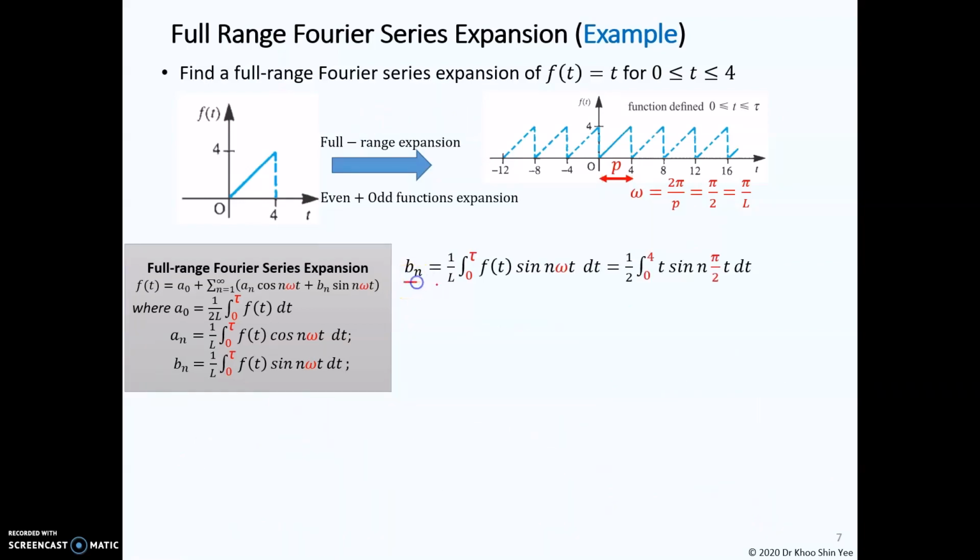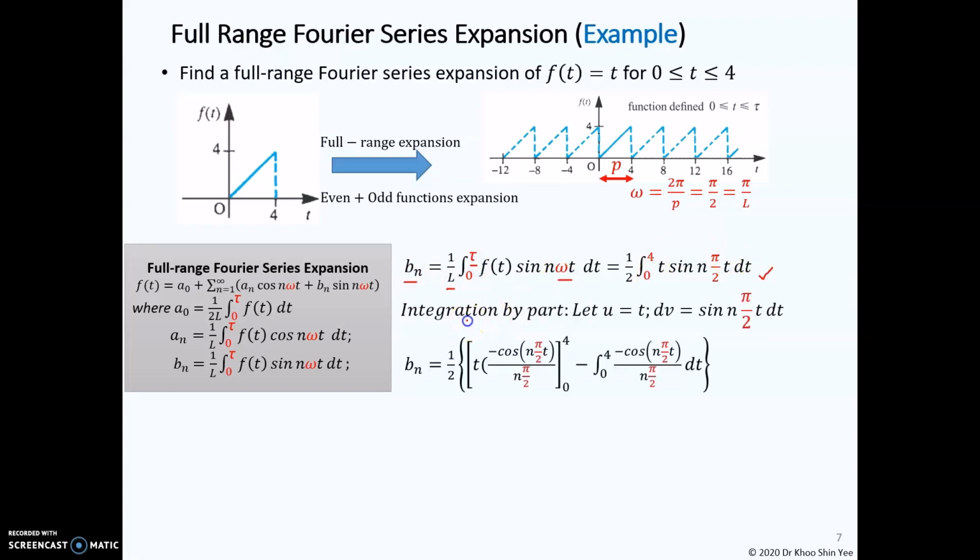This is the formula for the Bn. Substitute the L, tau, and omega inside. You should obtain this. You can perform the integration by parts to solve the integration. Let the u to be t and dv to be sine term here. Integrate dv, you obtain v. Integrate sine, you obtain negative cos, and then you need to divide with the coefficient inside.